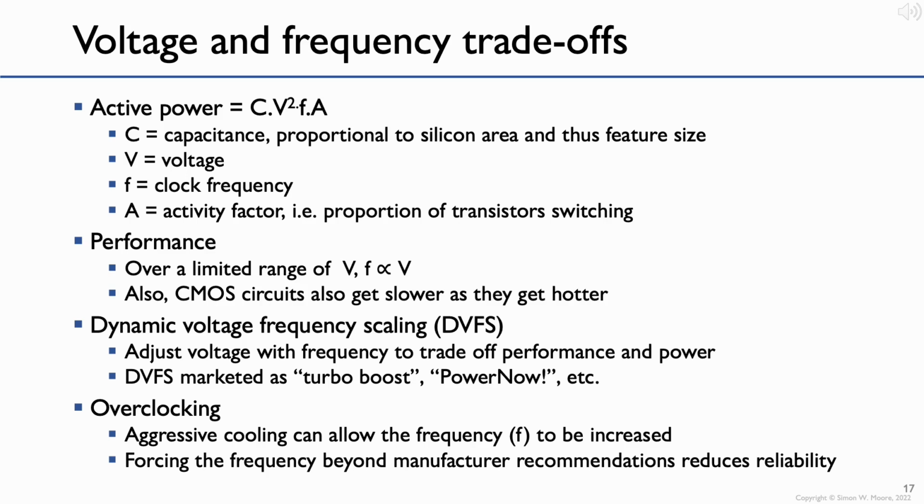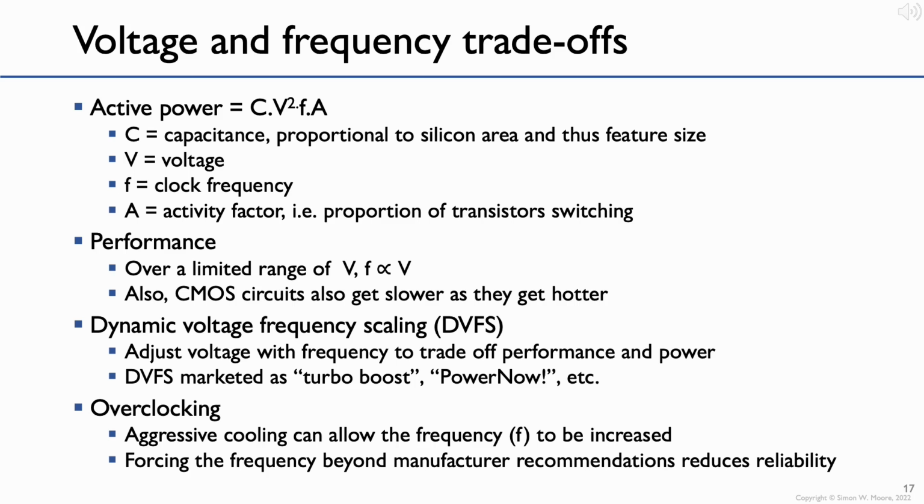And then if we look at the performance, over a limited range of voltage we can get into a linear range where the frequency that the circuit will operate at is proportional to the voltage. And that's very interesting. So for a limited range of voltage, if we reduce the voltage just a little bit, the performance will drop off a little bit, but we'll make some really big power savings.